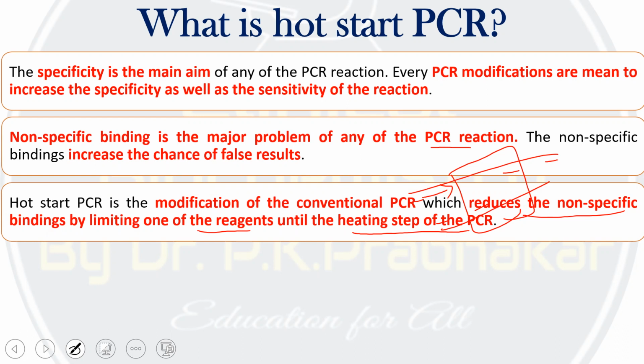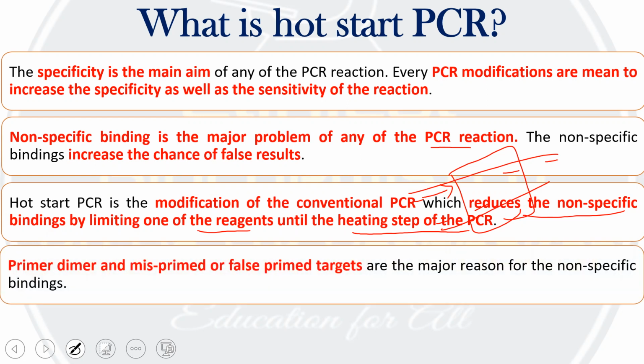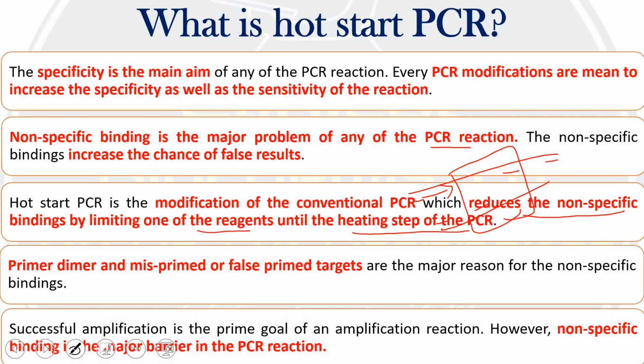Until the heating process is completed, one of the components is inactivated or non-functional, so that polymerization is not initiated and extension does not start. This is how Hotstart PCR works. Primer dimers or mispaired or false priming of the target are the major reasons for non-specific binding, and successful amplification is the main goal of amplification reactions.